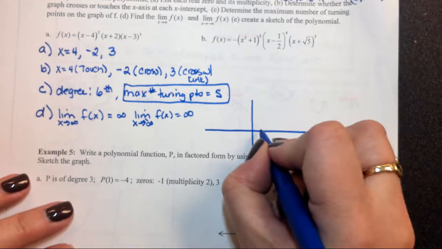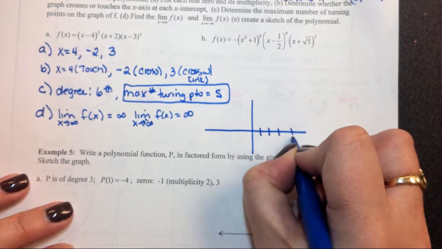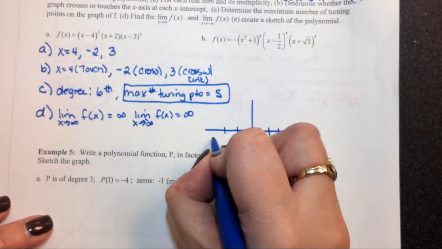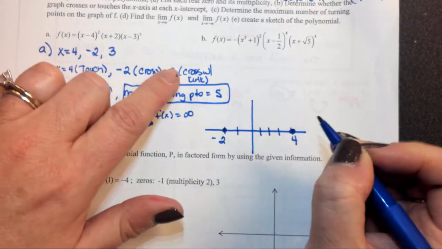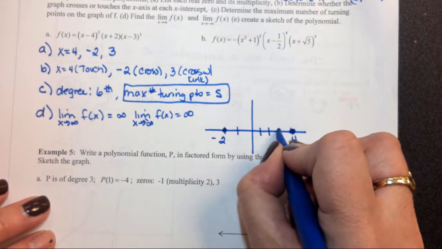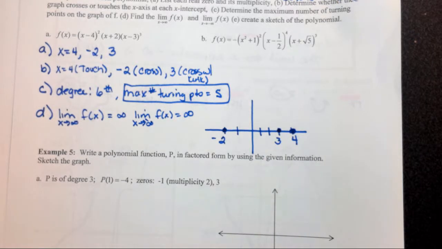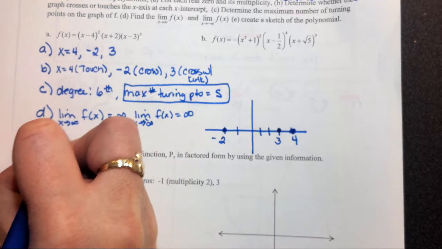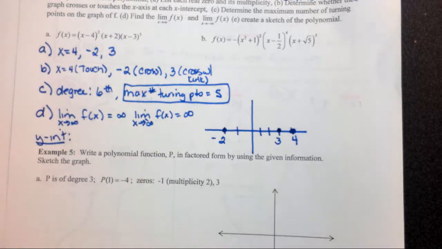So at x equals 4, we're touching. X equals -2, we're crossing. And then x equals 3, we're crossing with a kink. The only last piece we have to do is find the y-intercept. Again, how do you find the y-intercept? You're going to plug in what for x? Plug in a 0.